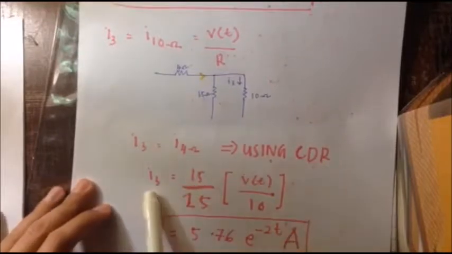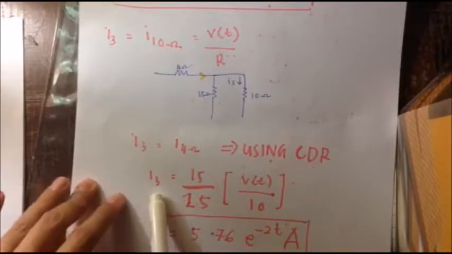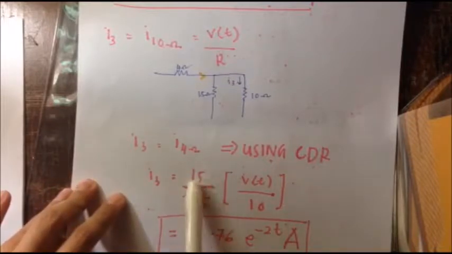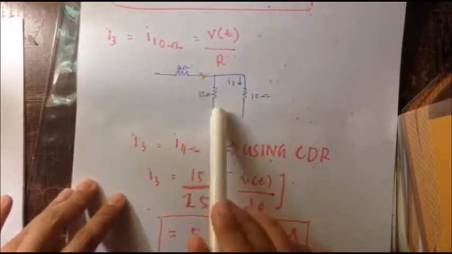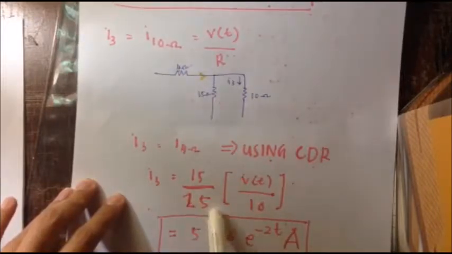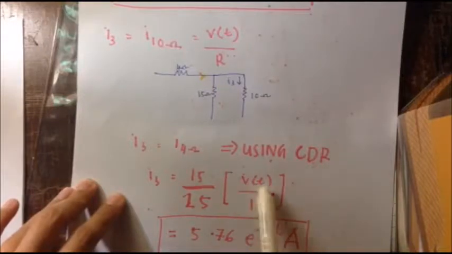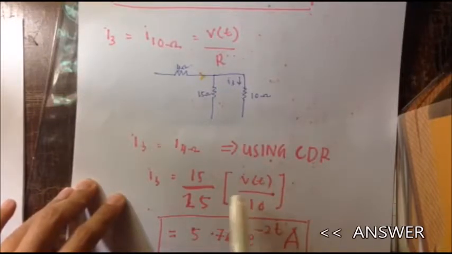After that, you just include the values in the equation. I3 is equal to 15, the parallel resistor, over 25, 15 plus 10, times Vt over 10.